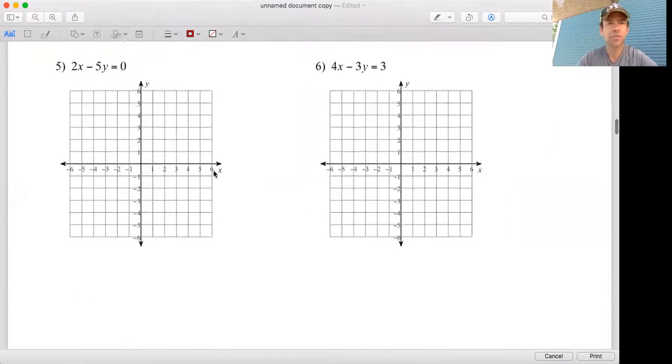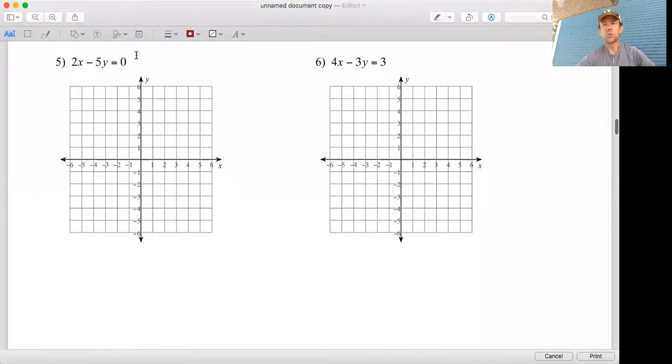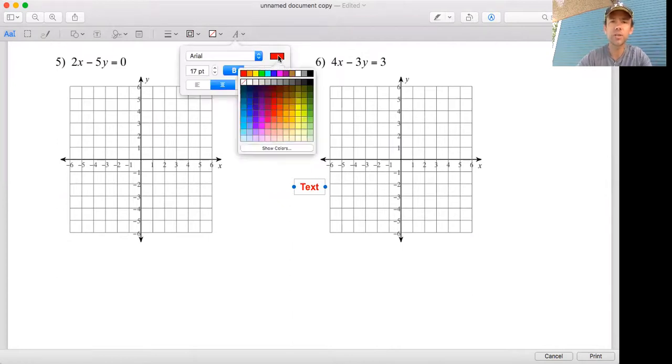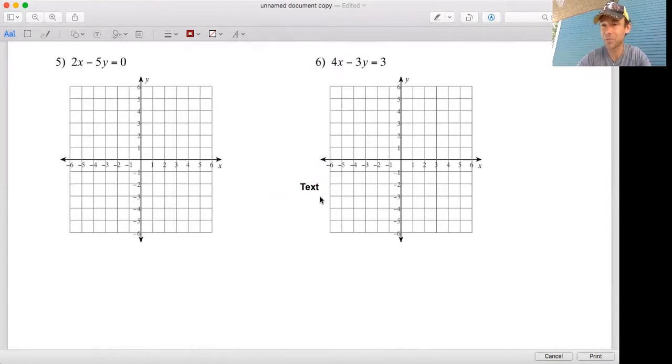Okay, so lastly, we got to do these ones that are in standard form. When it's in standard form, what we had talked about in class is that putting it into slope-intercept form is probably the best way to go about doing that. So if we think about number 2, first thing you want to do is move the x over, because y equals mx plus b, so we want the y value all by itself. So minus 5y is equal to minus 2x plus 0.